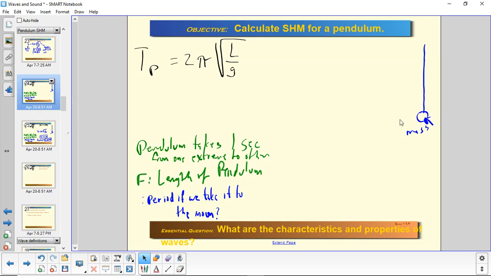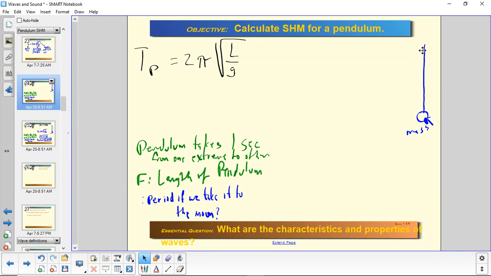What happens is if you go past 5 or 10 or 15 degrees, then the string is pulling in one direction and gravity is pulling in another direction. And for the force of gravity, you have to take the sine or the cosine of an angle to figure out the actual force of gravity working against the string.